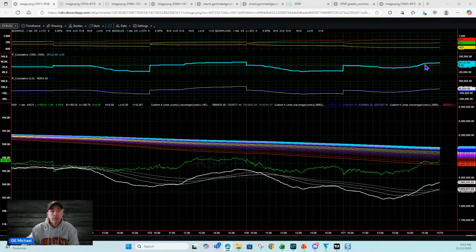We did recover into the afternoon on Friday, but as you can see, extensive selling for the past few days. And if we scroll back in the market trend model, we had larger negative numbers for quite a few days, indicating institutions, market participants were selling. But we recovered here, and we're going to see what this looks like heading into this week. We want to see this live at least above the zero line.